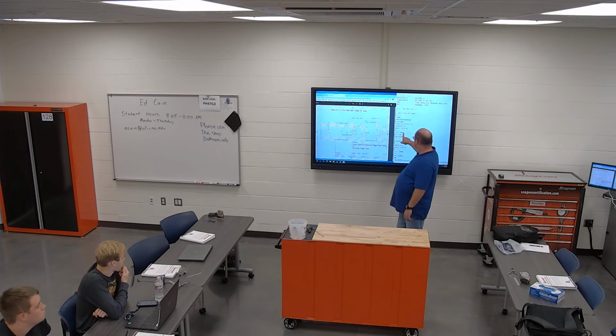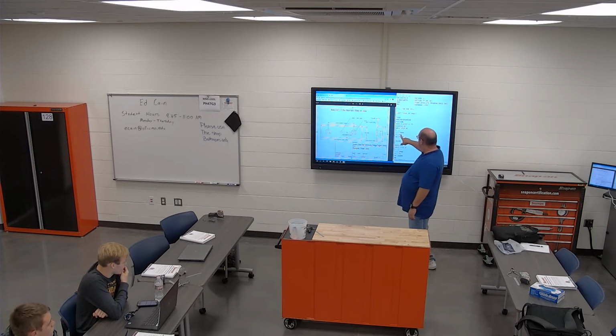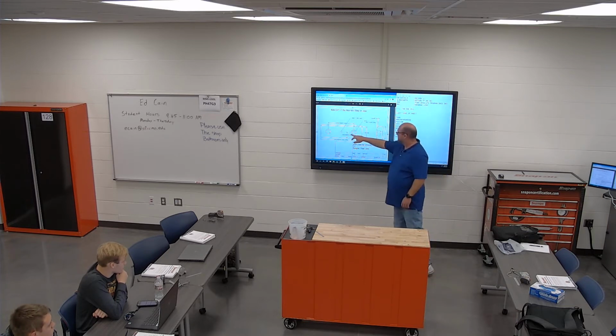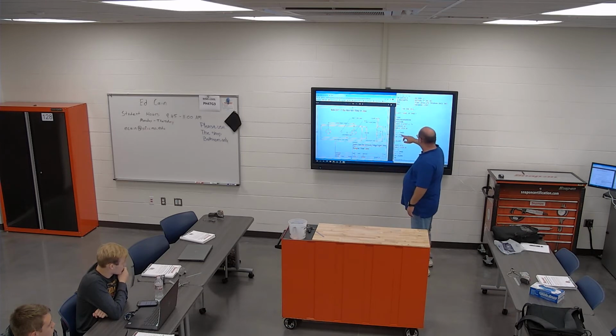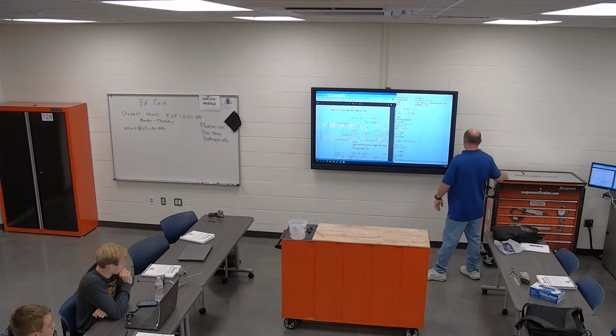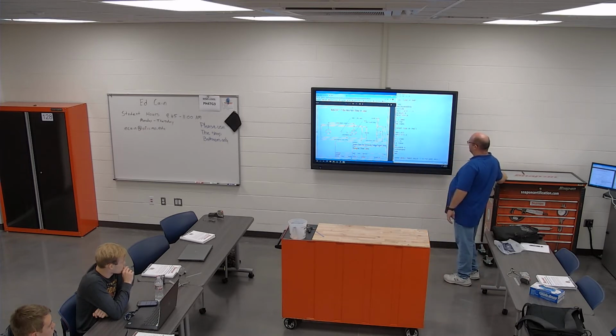And then the next move is a Y of 1.750. And if you notice, since my 0 is in the middle, this number and this number right here are just opposites. And then when I got done, I did a Z of 0.250, so we're a quarter inch above. And then I just slide over to the other side.